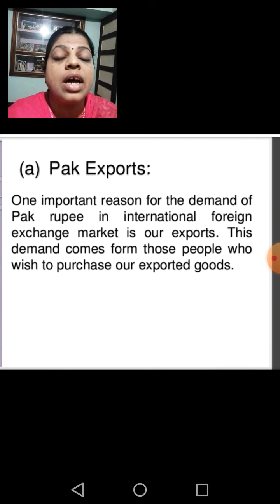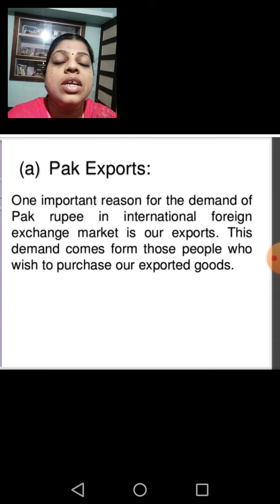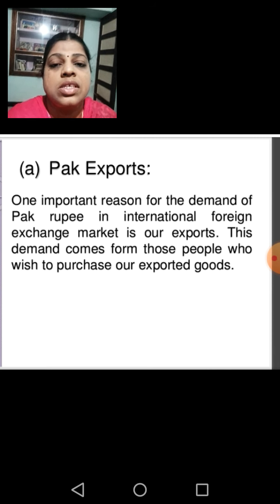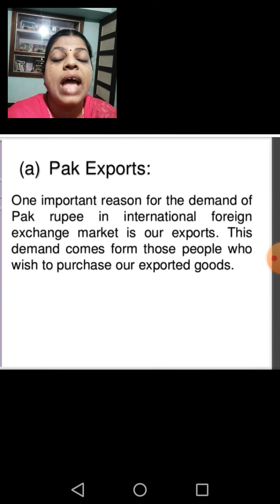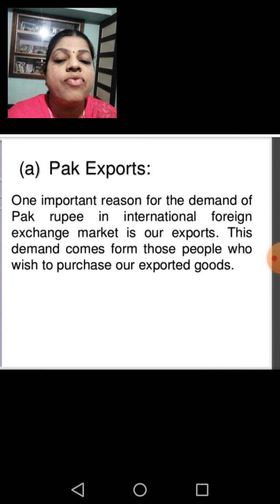This Pakistan depends upon the exported goods of India. Some goods may not be available in their country due to some other limitations, isn't it? So they have to rely upon our country's exports to satisfy their needs. So this is the reason for the demand for the Pak rupee in the international foreign exchange market.